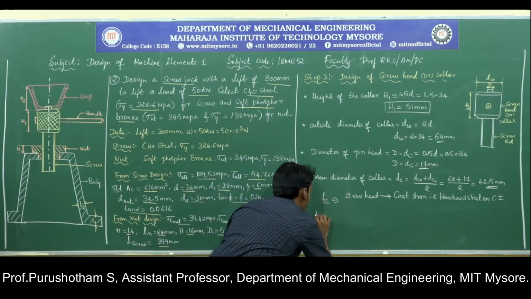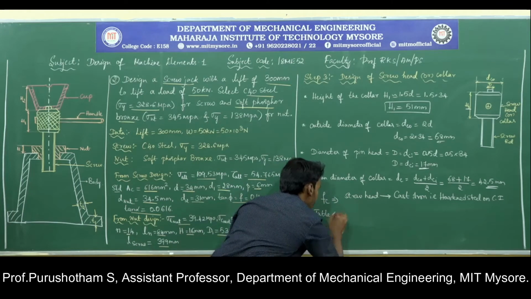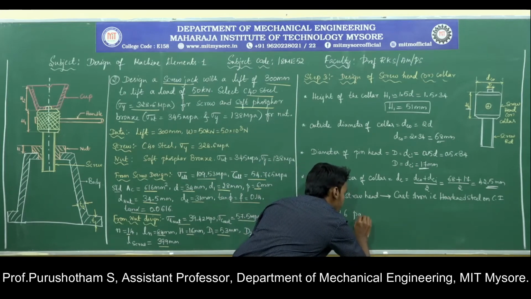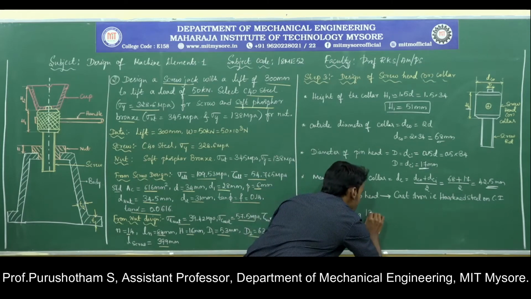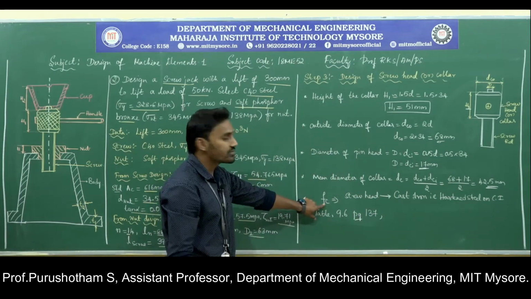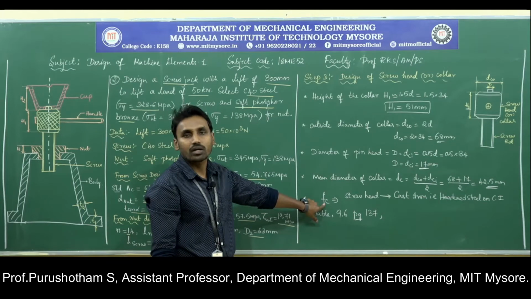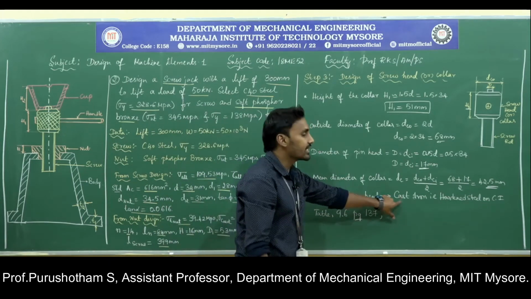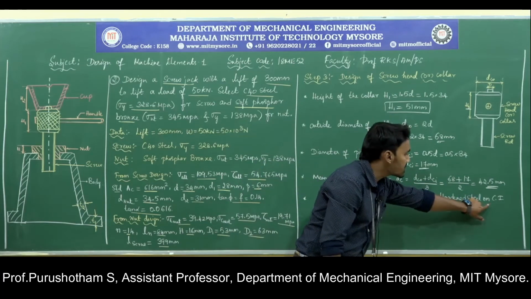Then we have to look at table 9.6, which is at page number 137. So when the FC value, the coefficient of friction for the collar, is not given, we need to take the screw head material as cast iron, that is hardened steel on cast iron.